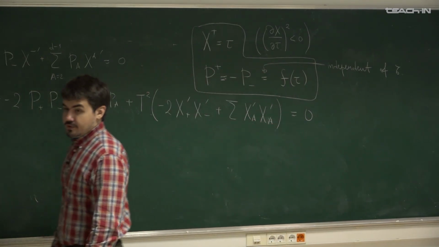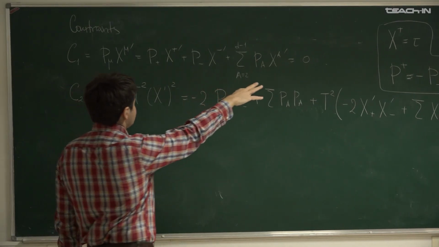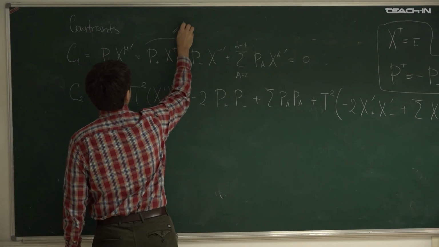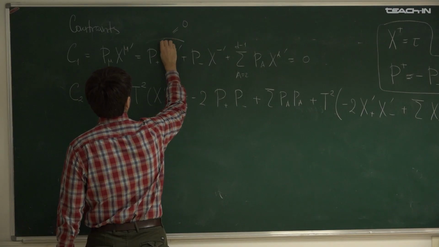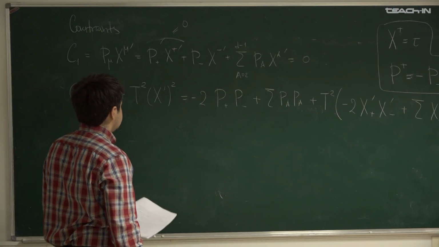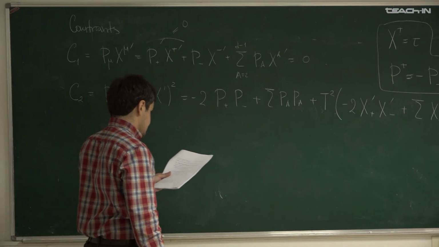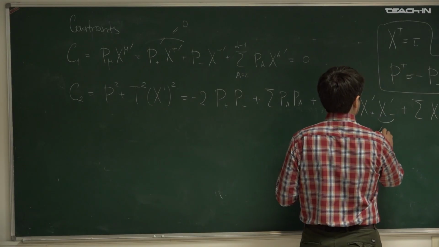So what are the simplifications that occur here? Well, first of all, x plus is tau, so x plus prime is 0, right? Exactly, this is 0, and the same thing here. So this is 0.